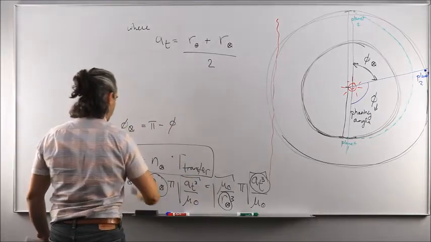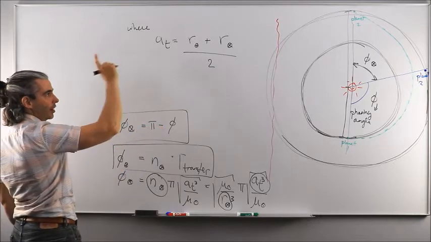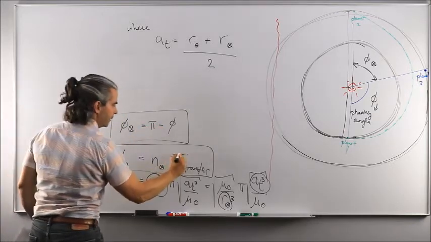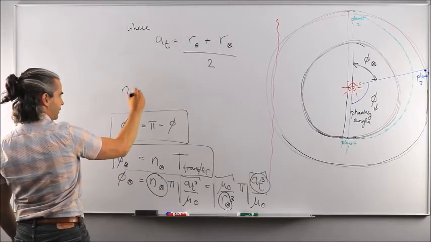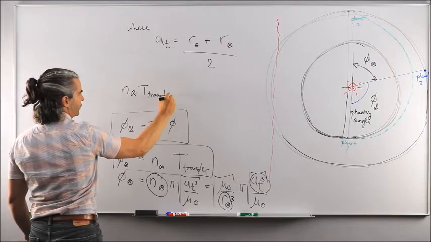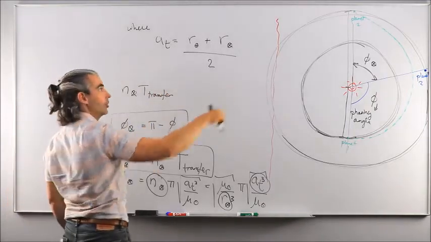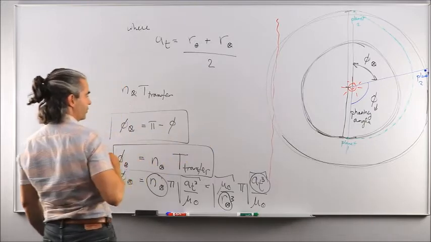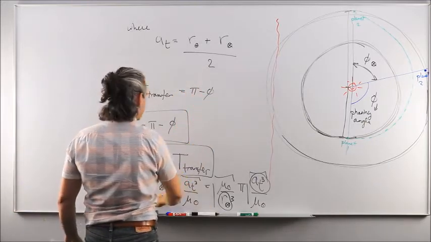Okay, so if you equate both expressions for the angle that planet 2 needs to cover in that amount of time, let's say n times t transfer, and t transfer, remember, is half of the complete orbital period in the transfer orbit, has to be equal to pi minus the phasing angle.